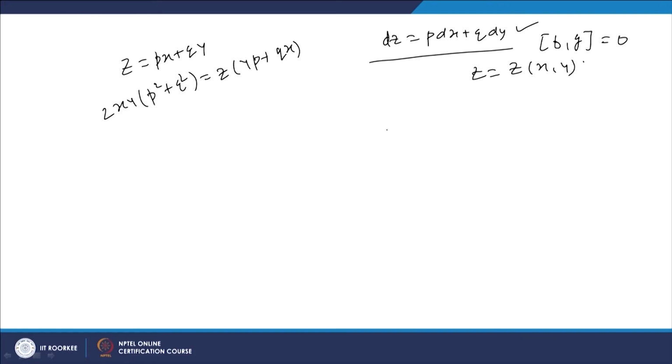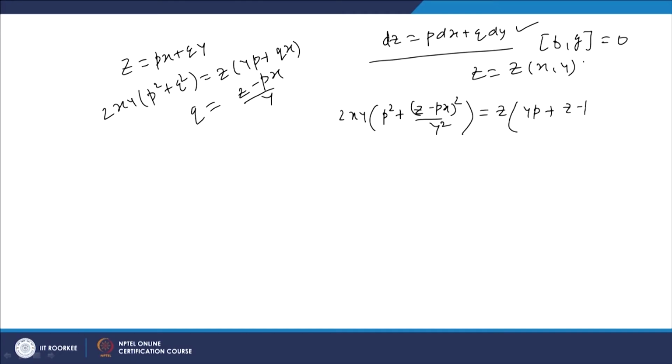So, now let us solve this. For this, simplify the first equation as q equals z minus p x upon y. So we write the value of q in terms of z, p, x and y and put it in the second equation. So 2 x y (p square plus ((z minus p x) whole square upon y square)) equal to z (y p plus (z minus p x) upon y) here.